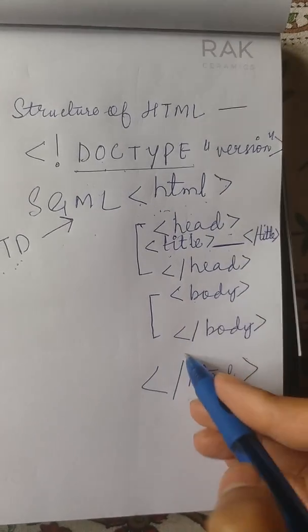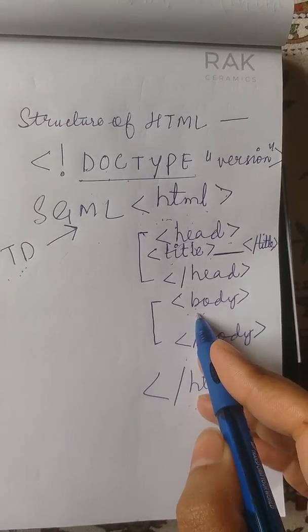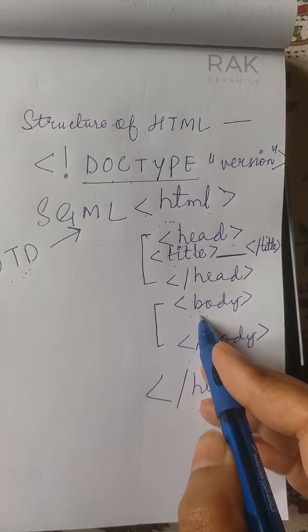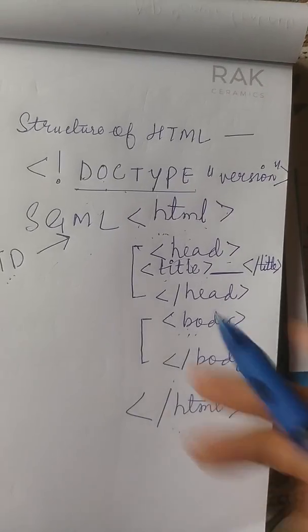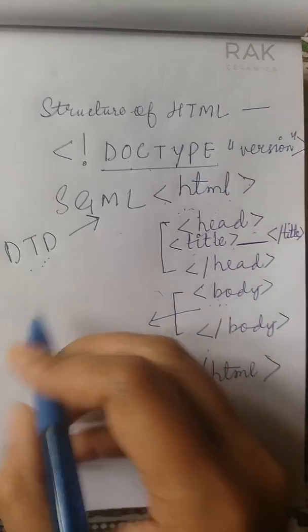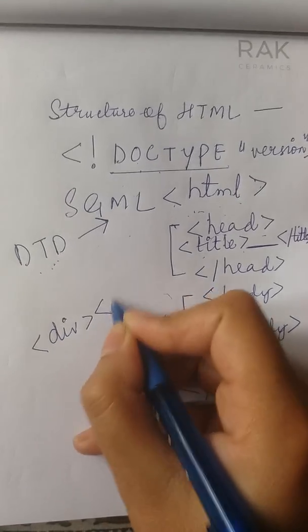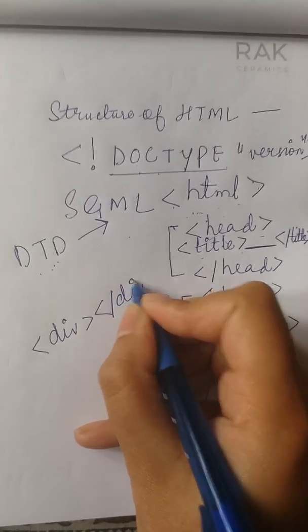Then for body, we have many divisions in which we can define paragraphs, or we may define something else, like we can define divisions like this. These are pair tags also.